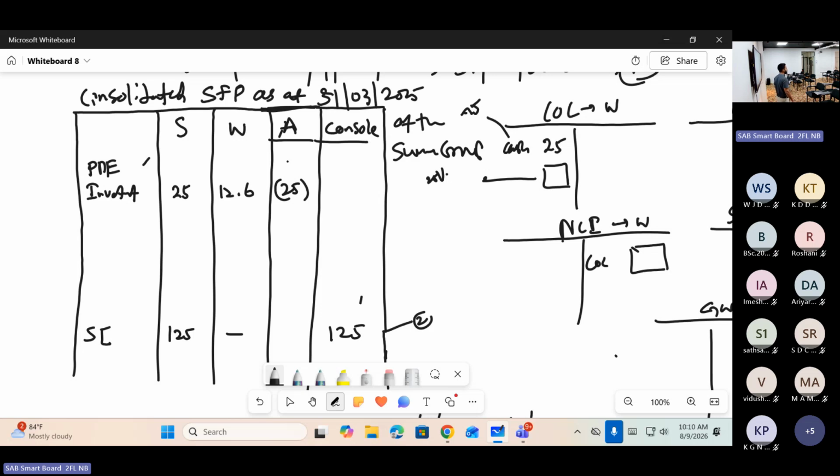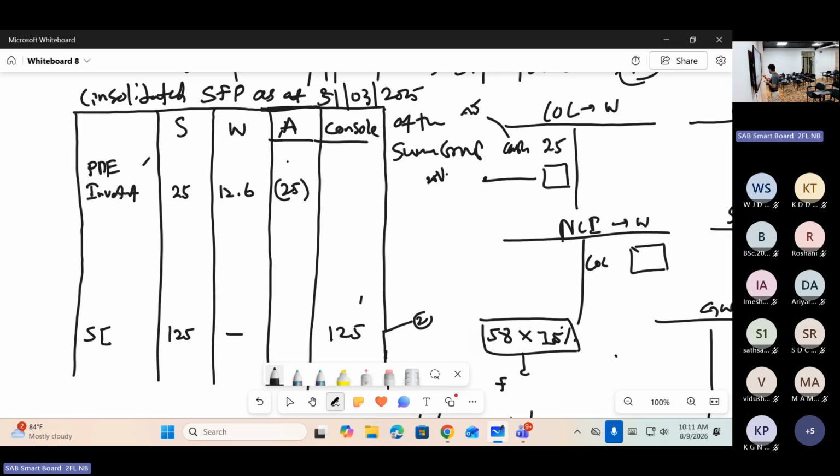How are we going to calculate it? Fair value of NCI, right? So as at 1st January 2024, the fair value of net assets was given. How much? 58. Fair value of NCI is 58 into 25%.